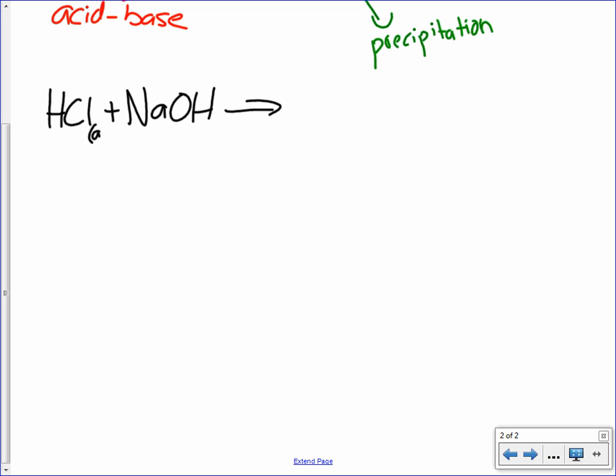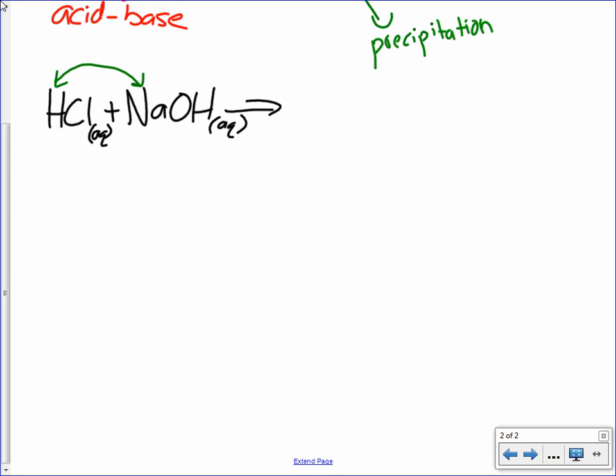Now both of them are going to be aqueous since they're dissolved in water. Okay? Now, when they react, again, acid-base is a type of double replacement. So hydrogen and sodium, these are the positive ions. They're just going to switch places. That's the double replacement thing going on.